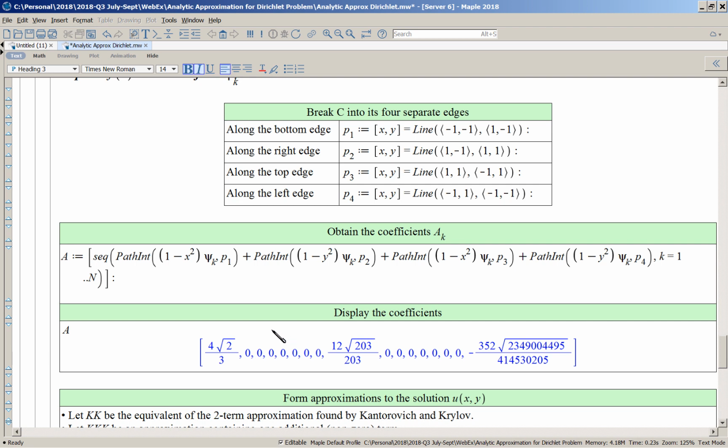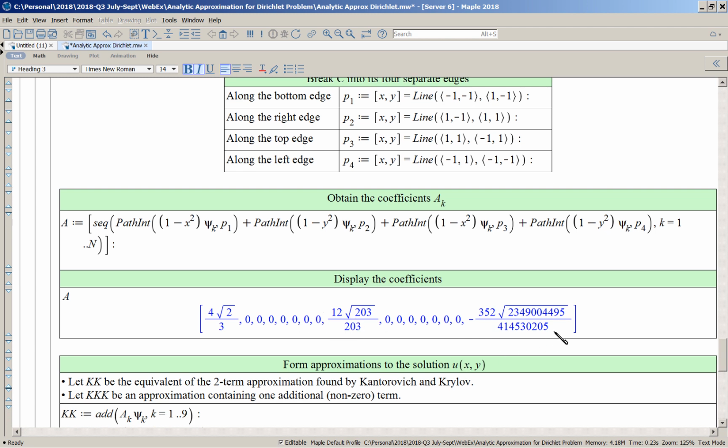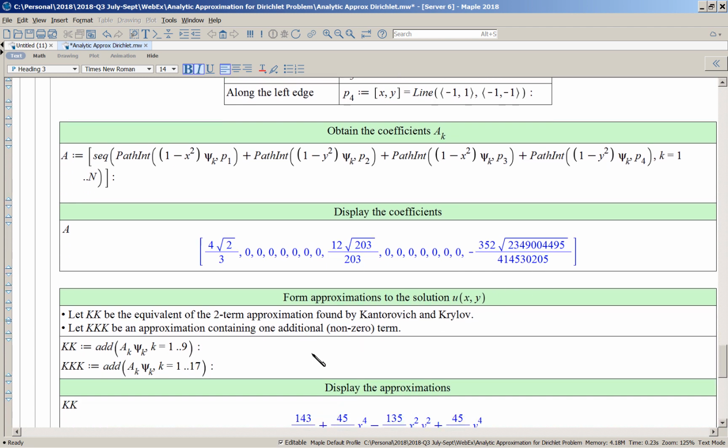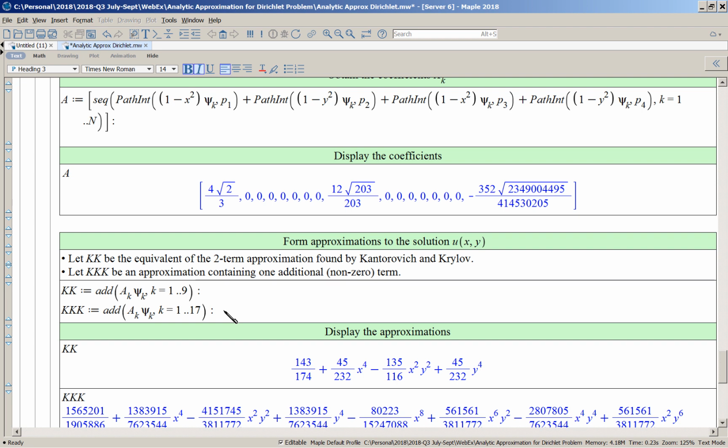And they would have to do that because they just can't throw something at the computer and say, okay, do the calculations. And so here are 3 non-zero coefficients, and I will form 2 approximations according to this technique. One with 2 terms, these 2 terms, and one with these 3 non-zero terms.